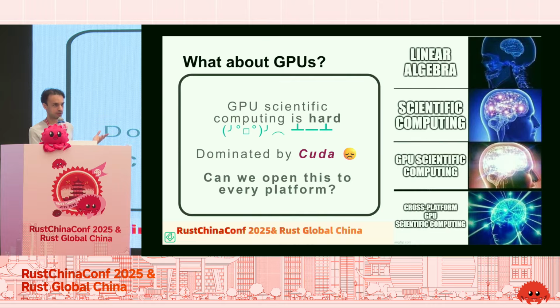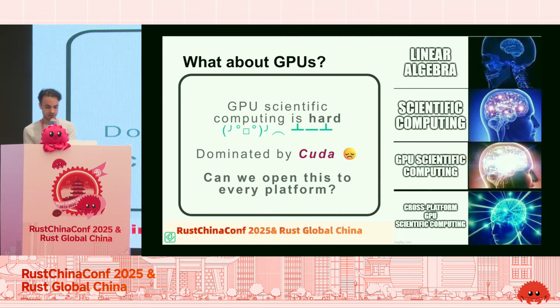NVIDIA does provide very strong libraries like cuBLAS, so it does make sense. But now the problem is that this is based on proprietary technologies. So what I would want is something like Rust, where I write my code once and it runs just everywhere. So how can we open this to every platform, and how can we solve this modularity problem?